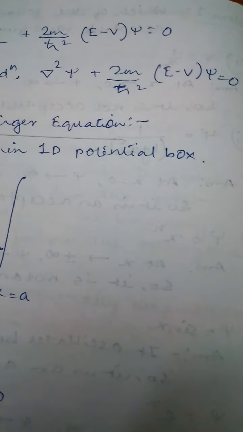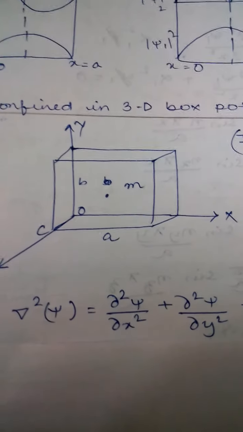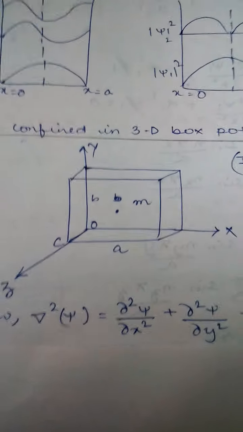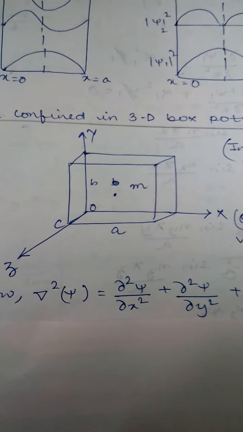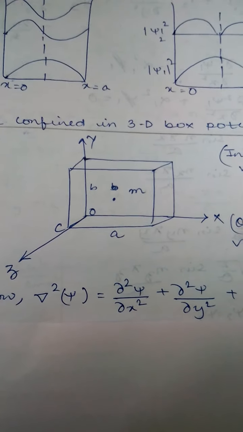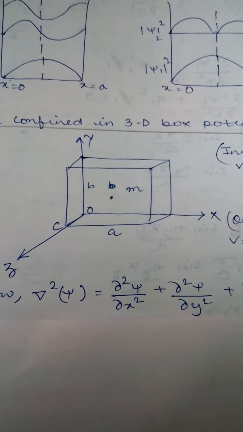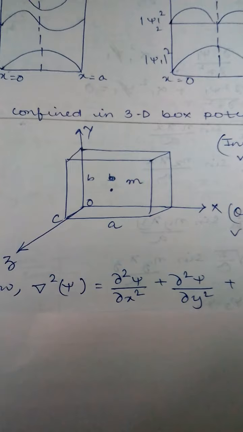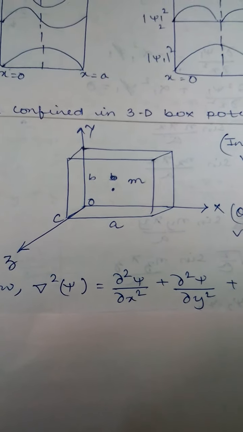So this is the three-dimensional Schrodinger wave equation, and we apply it to solve the three-dimensional box potential problem. What will be the outcome of this problem? The outcomes are the wave function, total energy, kinetic energy, probability density, etc.